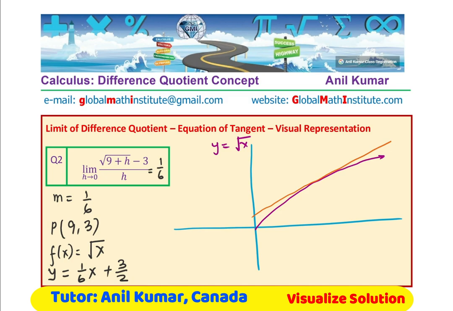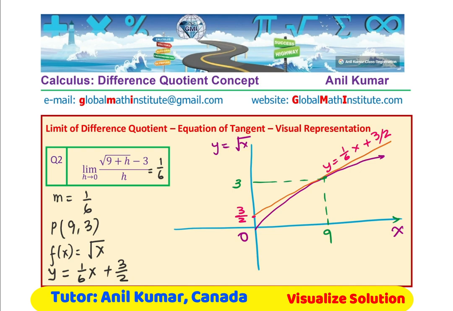The point where it is tangent is at x equals 9, and the y value is 3. This is the x value. And as you can see, the intercept is 3 by 2 or 1.5, and the equation is y equals 1 over 6 x plus 3 by 2. So that is the visual.